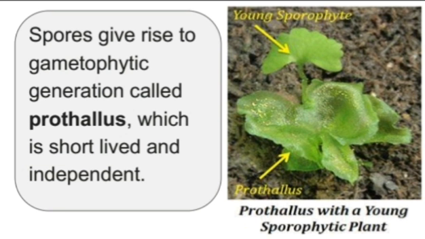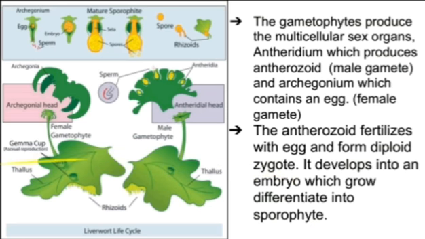Spores give rise to the gametophytic generation called prothallus, which is short-lived and independent. You can see this in this picture. This is the picture of a prothallus with a young sporophytic plant. There are two generations: gametophytic and sporophytic.